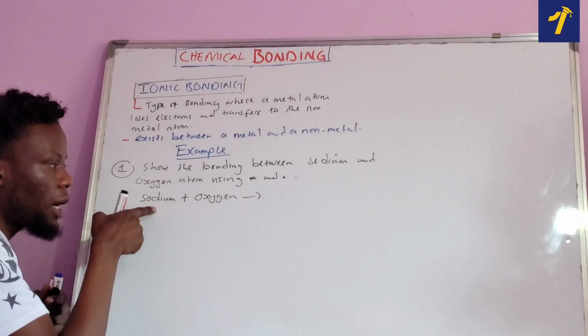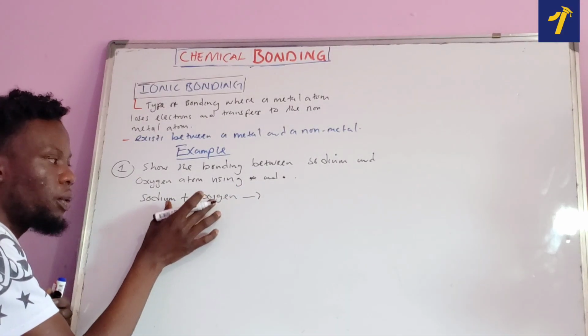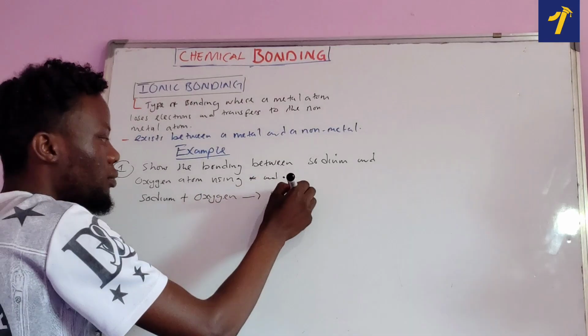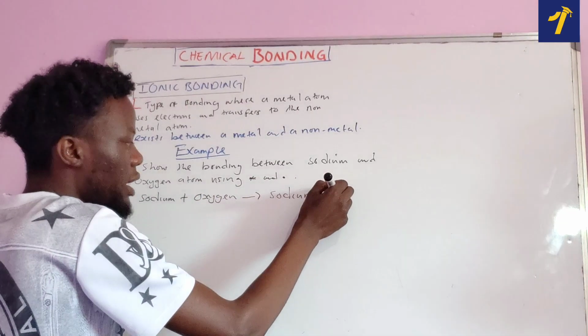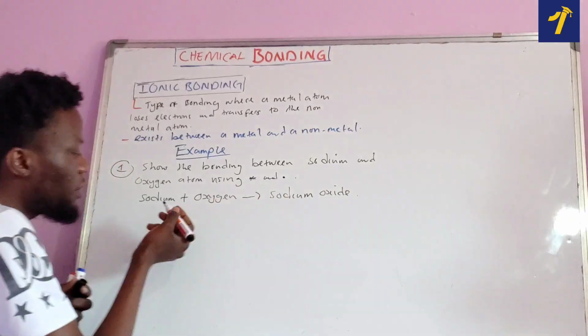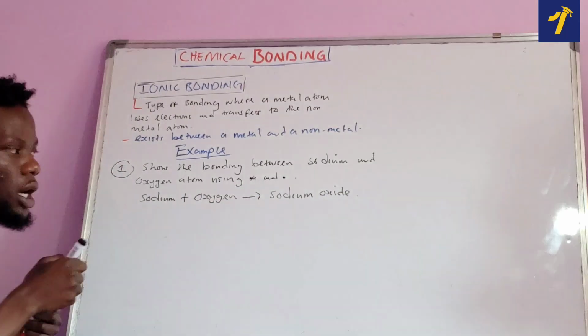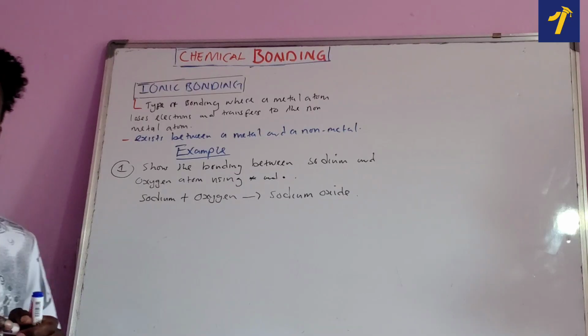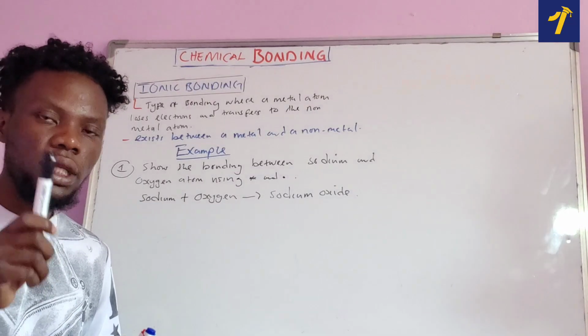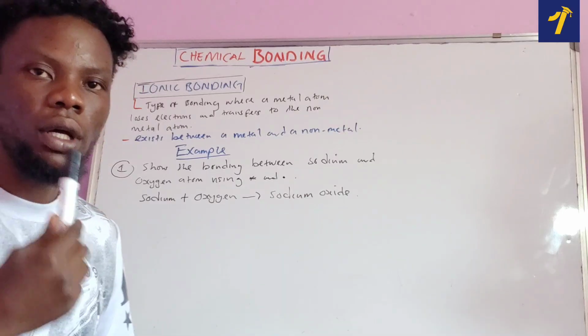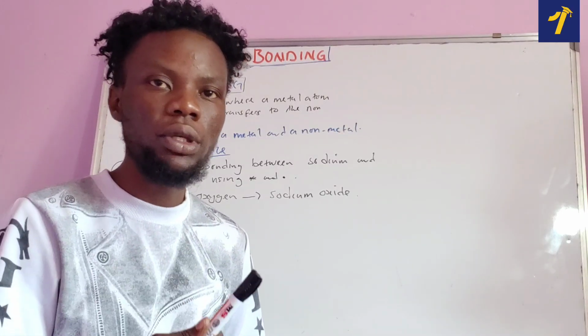You are getting sodium and reacting with the oxygen. They are combining together to form what? This one, sodium oxide. Because whenever sodium reacts with oxygen, the product that we're going to have is what? Sodium oxide.